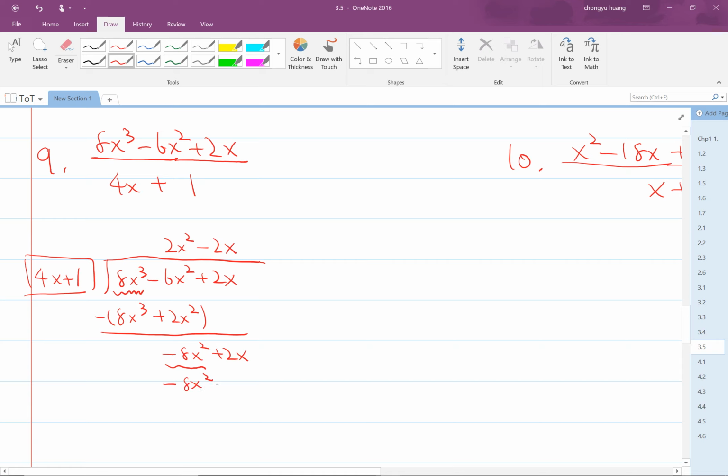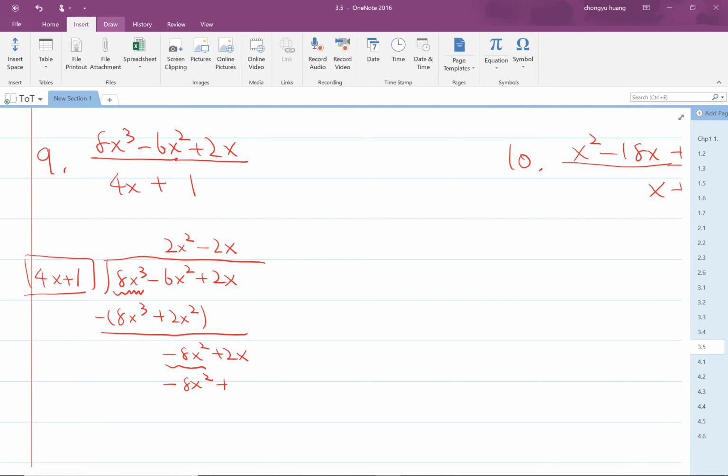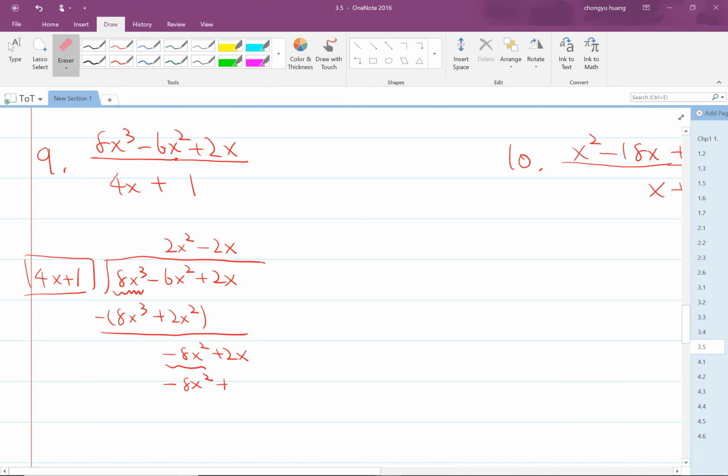And then we have positive 1 multiplied by negative 2x, so it just becomes negative 2x, right?